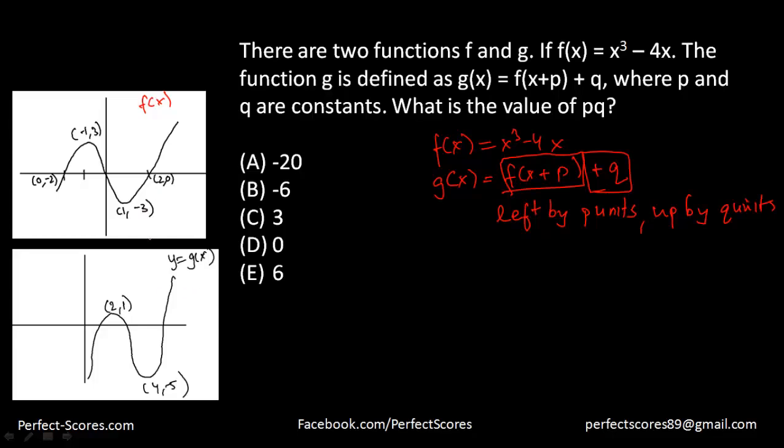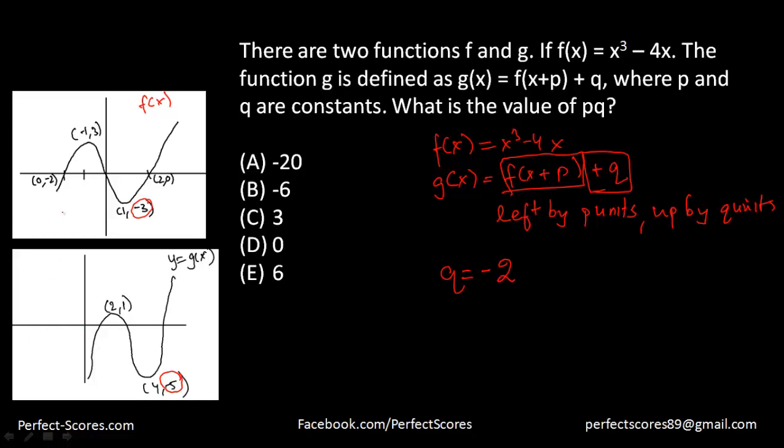If we look at the lowest point over here, this is negative 3, and this becomes negative 2, right? That means the graph has actually moved down. If the graph has moved down, that means the value of q must be negative. That means q must be equal to negative 2.